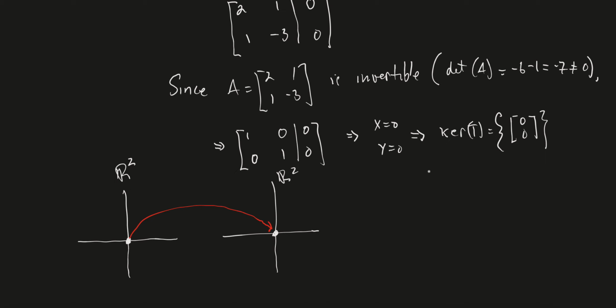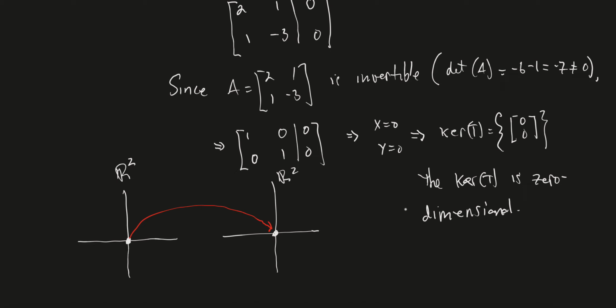So the kernel of T is 0 dimensional. It's not a line, it's not a plane, it's a single point, and points have no dimension.